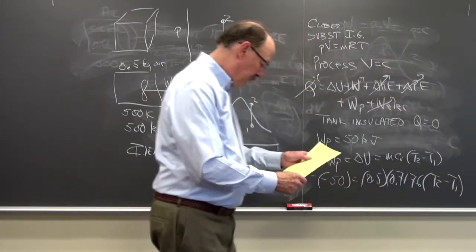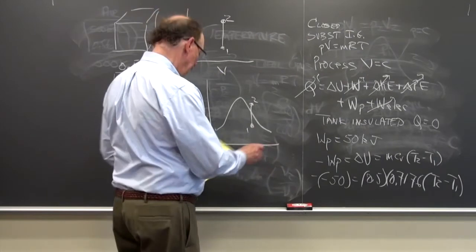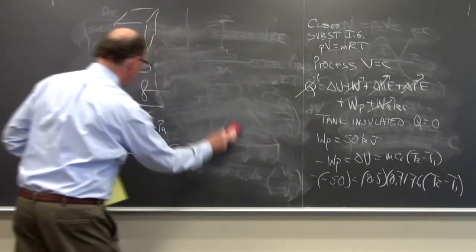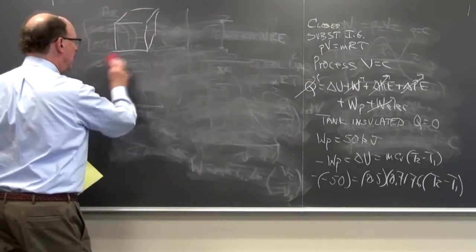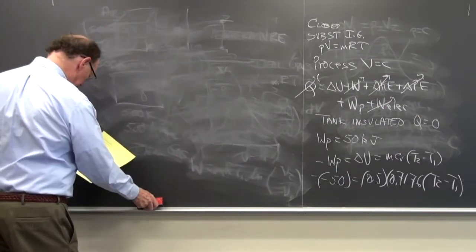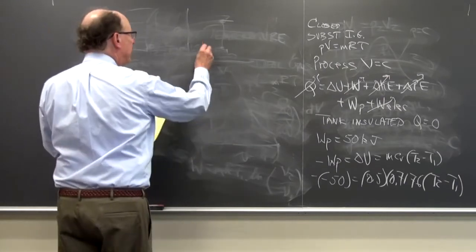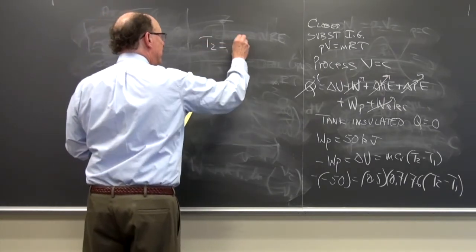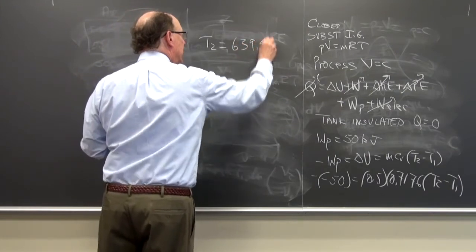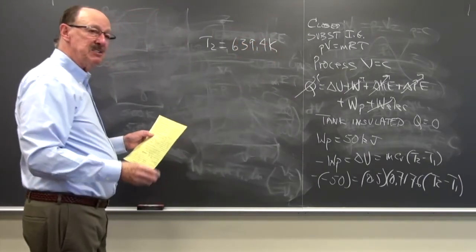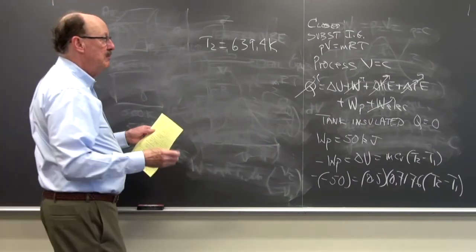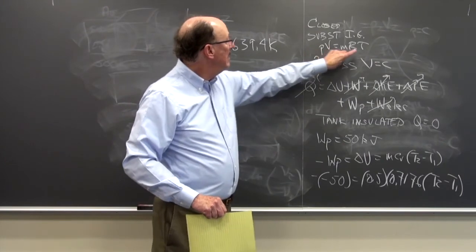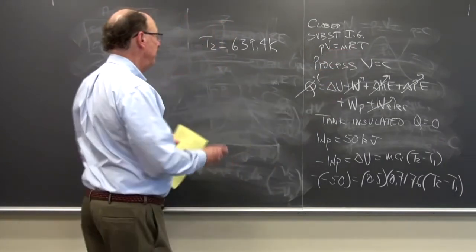And we can solve for T2. And we end up with that T2 is equal to 639.4 degrees K. And then for a constant volume problem, so if I go back and look here, if I look at volume's constant, then T over P is constant.